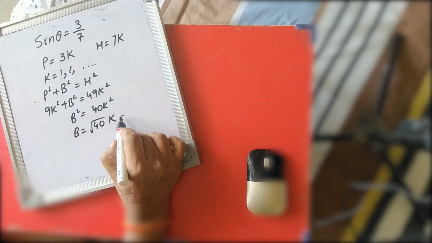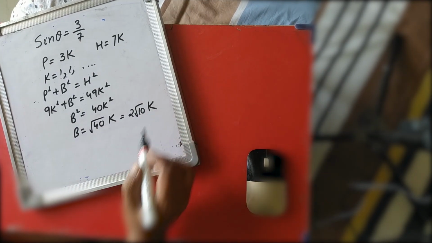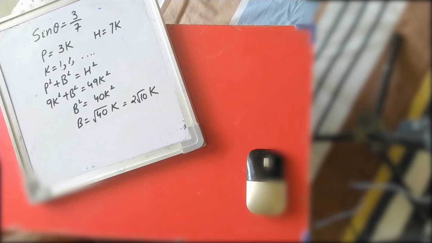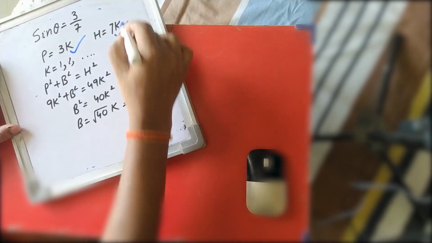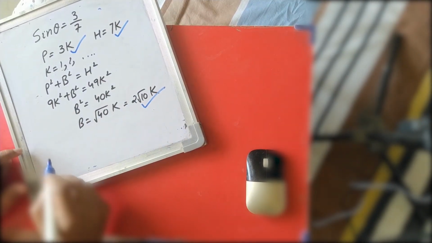Root 40 is 4 into 10, so I can write it as 2 root 10 into k. So now what I see is that in the given question, I have perpendicular, I have hypotenuse, and I have found out base. Therefore, I can write all possible trigonometric ratios.